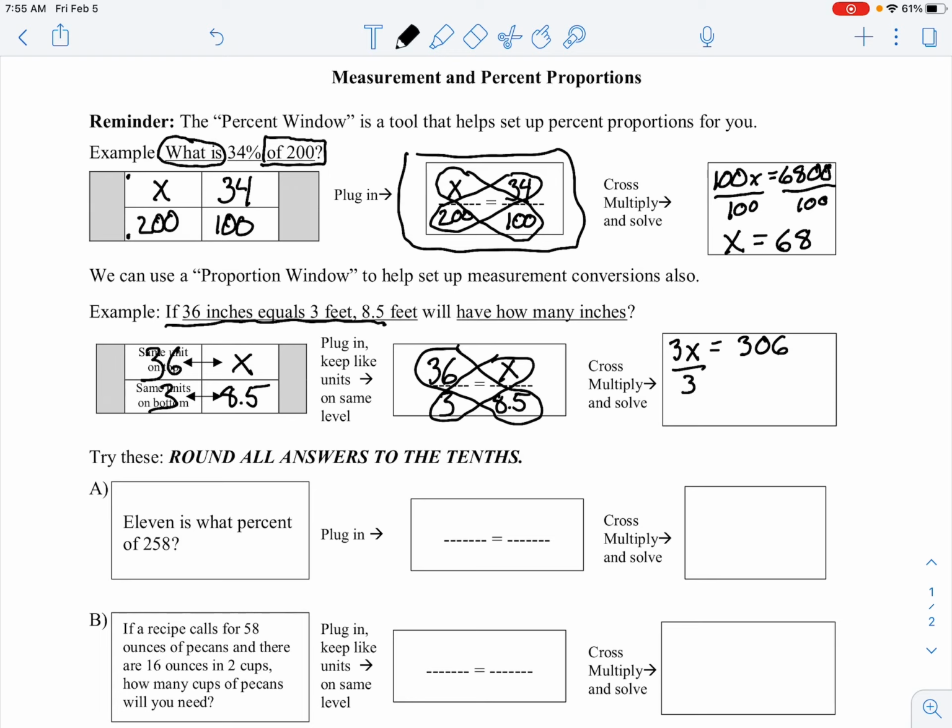So we're going to divide by 3 and divide by 3. So x will equal 306 divided by 3, which will be 102 inches. So this means that 8.5 feet is going to be the same as 102 inches. We just converted 8.5 feet to inches there.